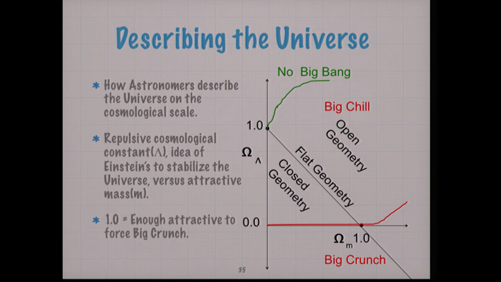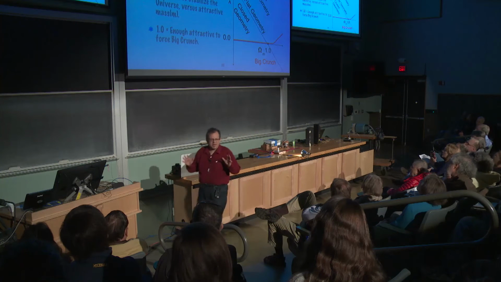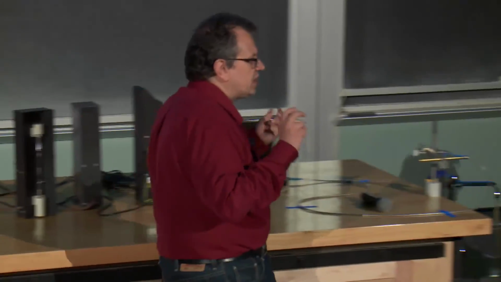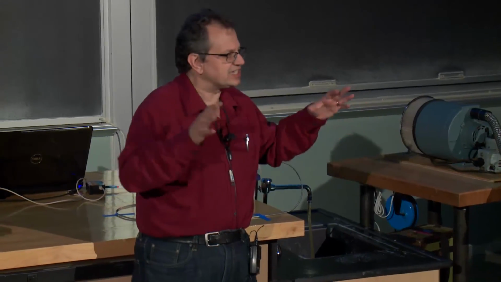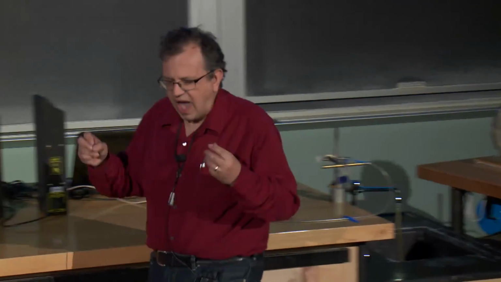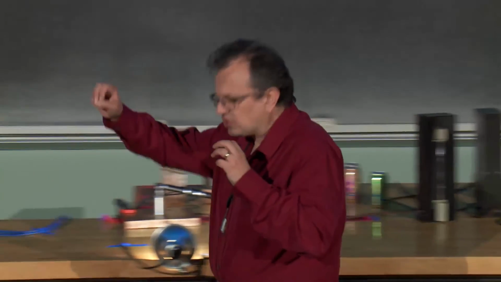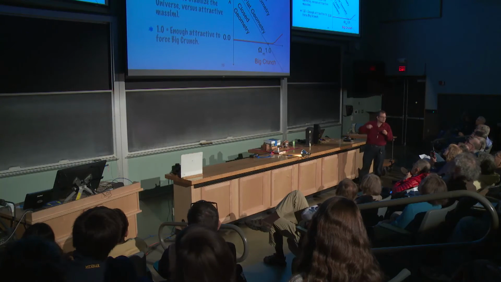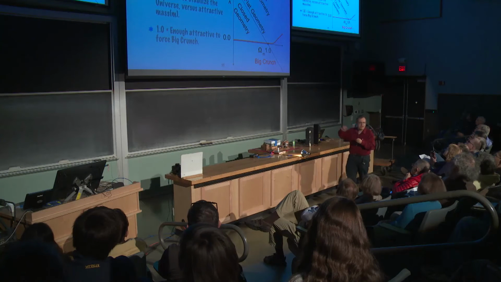This was invented by Einstein back when he first considered cosmology, around 1918, when people did not know that the universe was expanding. He was trying to explain why the universe is static, so he said there needs to be some repulsive thing to fight back against gravity. He called it the cosmological constant, and labeled it with capital lambda. So on the y-axis is omega lambda versus omega mass.